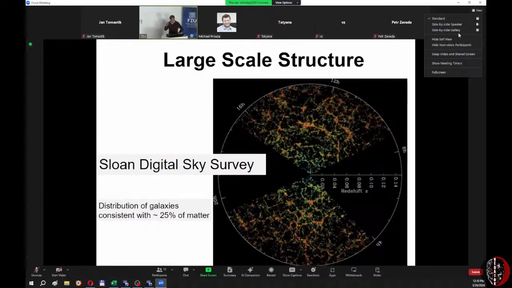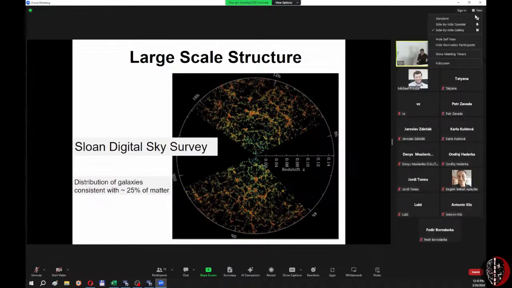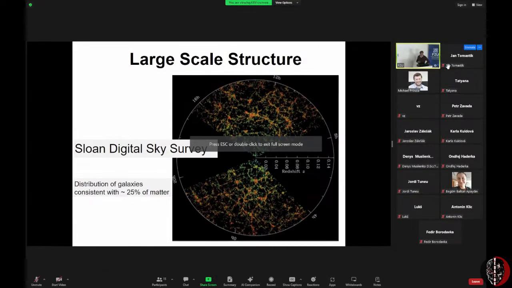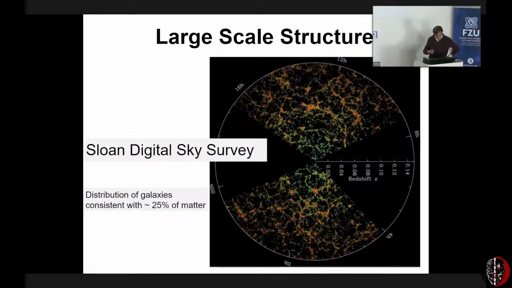Now, there were other indications that this may be true, that dark energy plays a role, through the large-scale structure. When the galaxies start to evolve, they attract each other and form so-called clusters and even larger-scale structures, and the image of the universe is shown here.